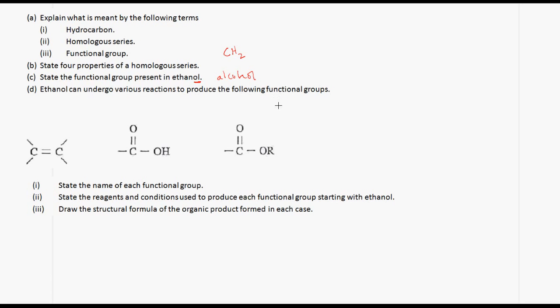Now the first part asks, state the name of each functional group. Now we see a carbon to carbon double bond, so we know this is an alkene. In this case, this functional group is a carboxylic acid. And this group here is the ester group.